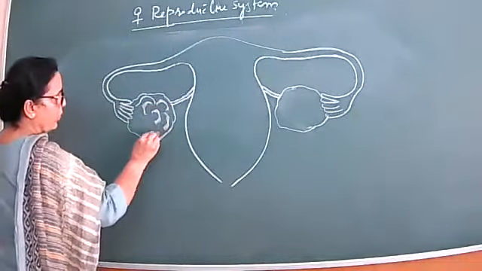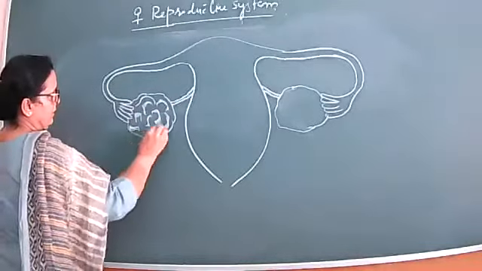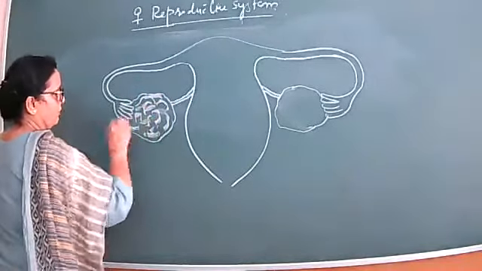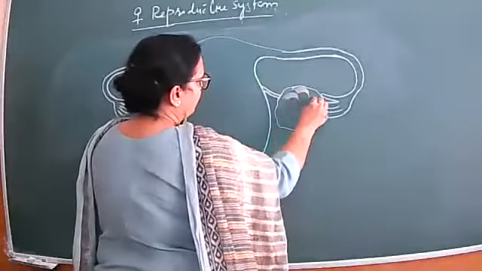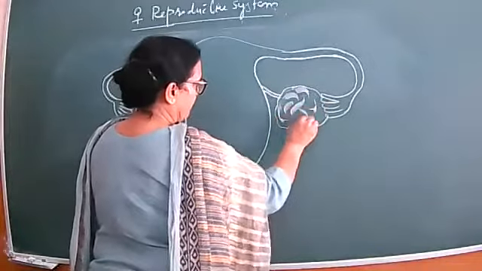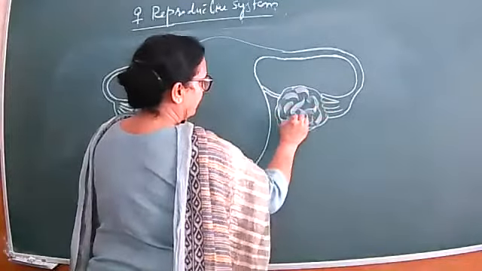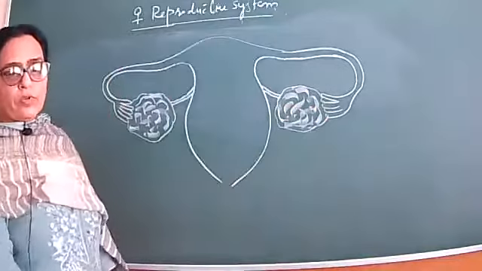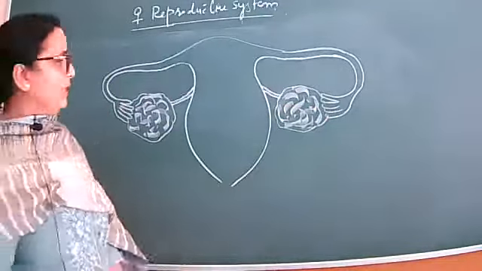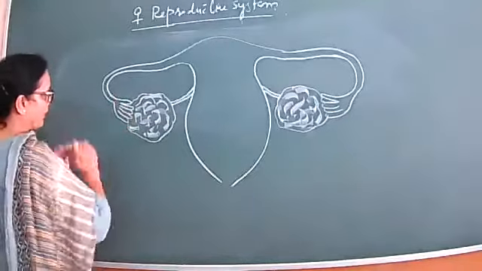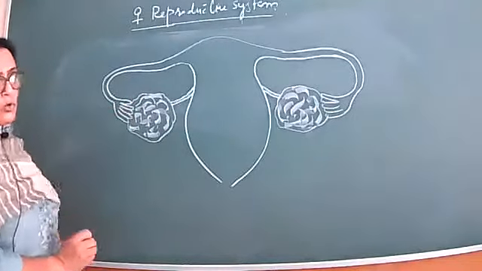These ovaries alternately, in alternate months, release the ova. Ovulation means the release of the ovum, and that ovum is caught by these finger-like processes.